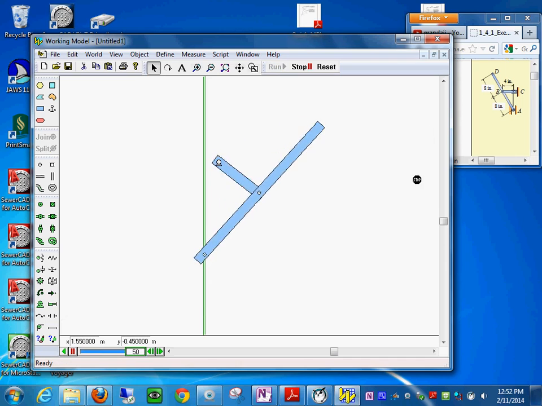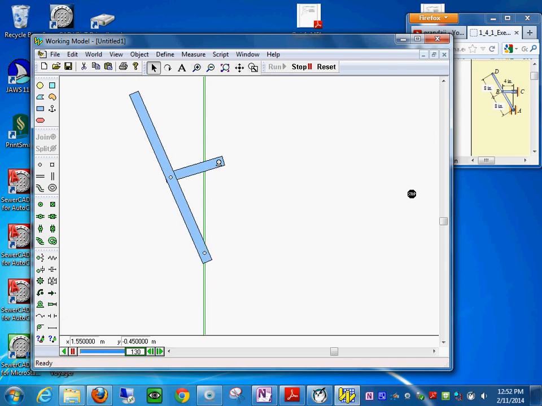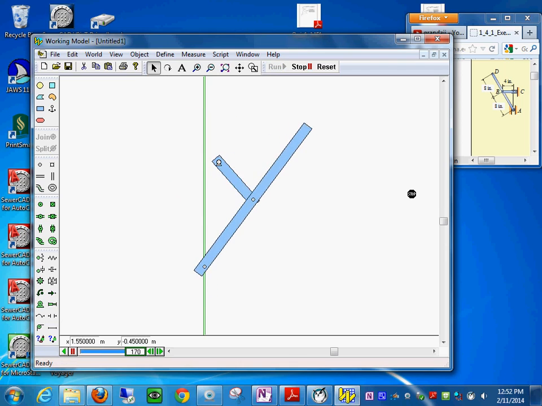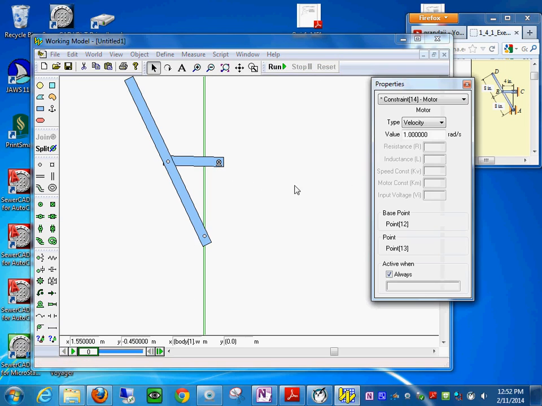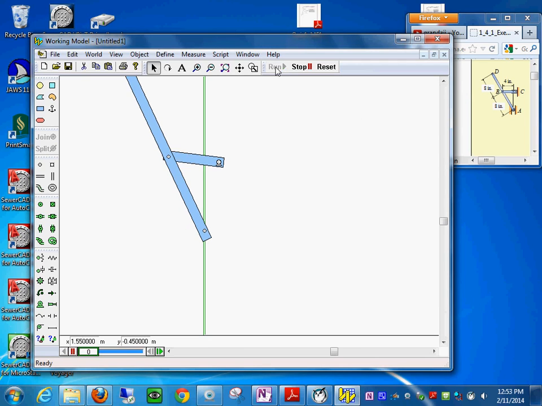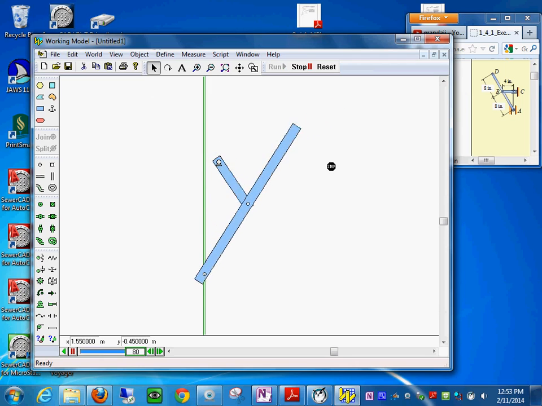See, I can make this run, but you can see it's going in the opposite direction that we want. So we double click on this one, and I'll just put a minus sign in here, close this and say run, and now it does it the right way.